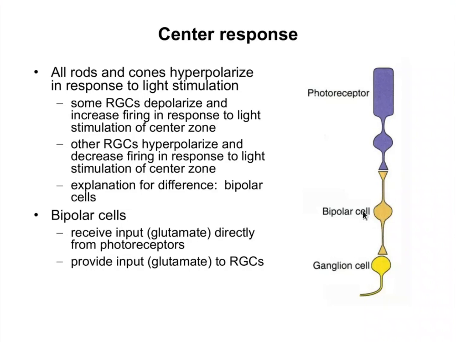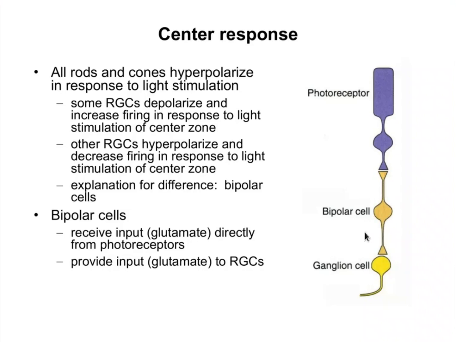And in addition, the bipolar cells release glutamate onto the retinal ganglion cells. So at the synapse between photoreceptor and bipolar cell, we can have one of two things happening. Some bipolar cells are normally excited by glutamate, and some bipolar cells are actually inhibited by glutamate.